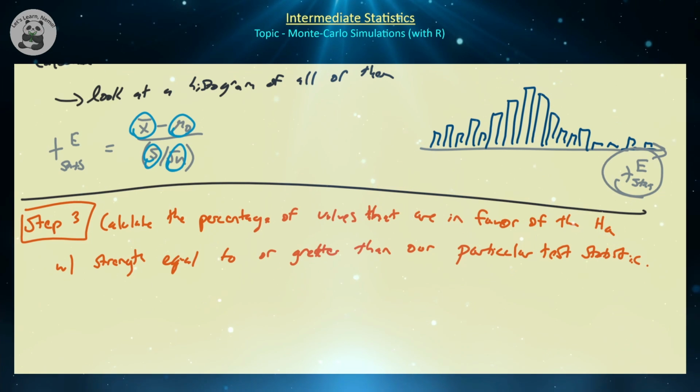Our 3.26 again, right? So for example, let's assume that our 3.26 is located here.